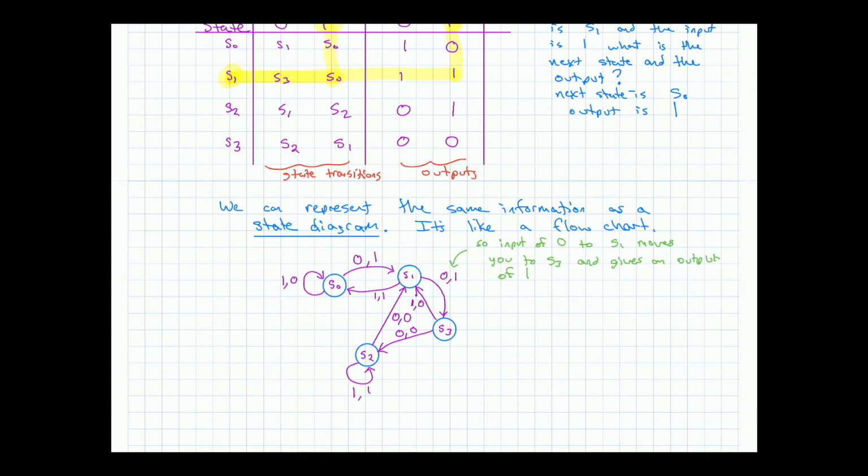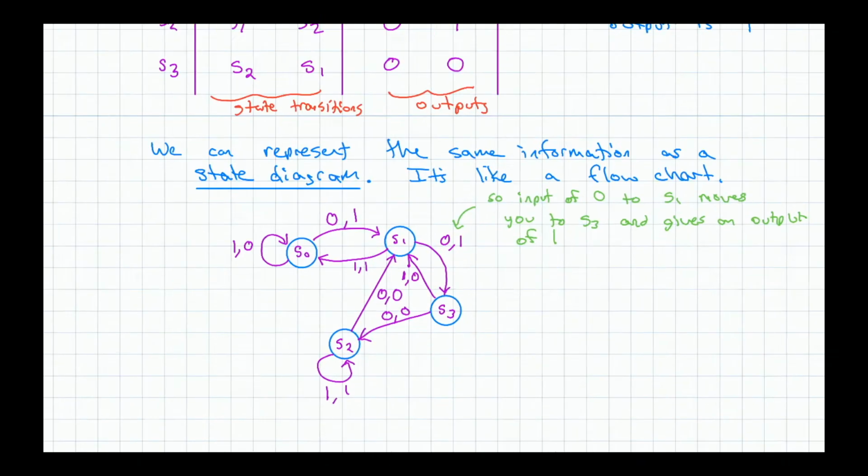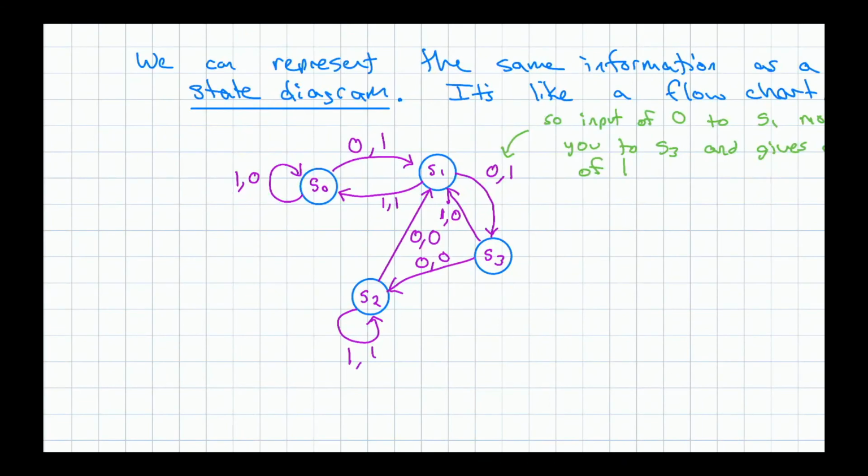It's easy to see what happens over time with one of these diagrams. If you start in S0, we could come back to S0 and then go over to S1 and then go over to S3 and then come back to S1 and then come back to S0, just following arrows, right?